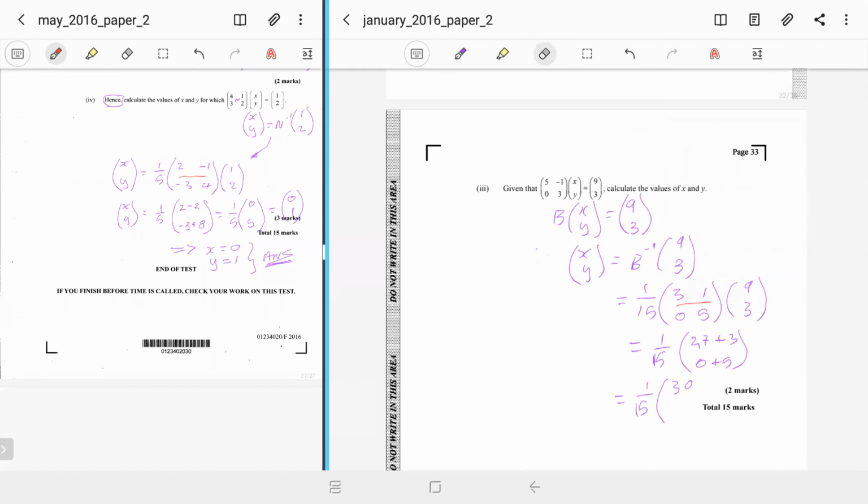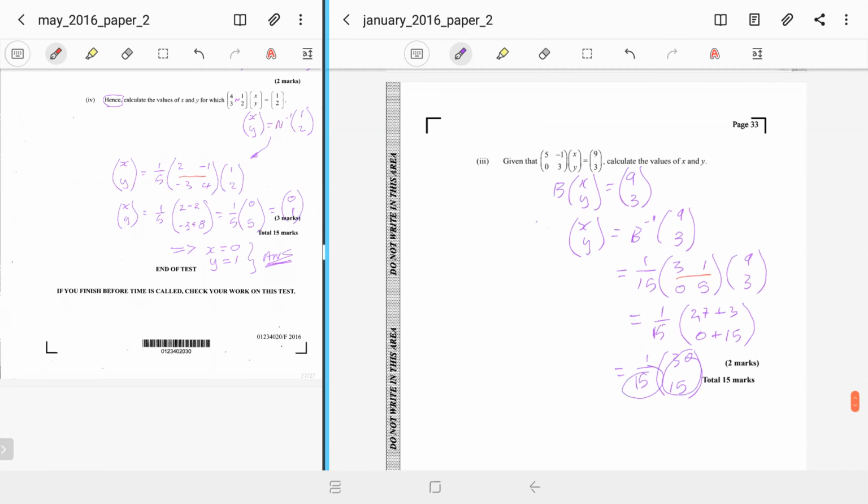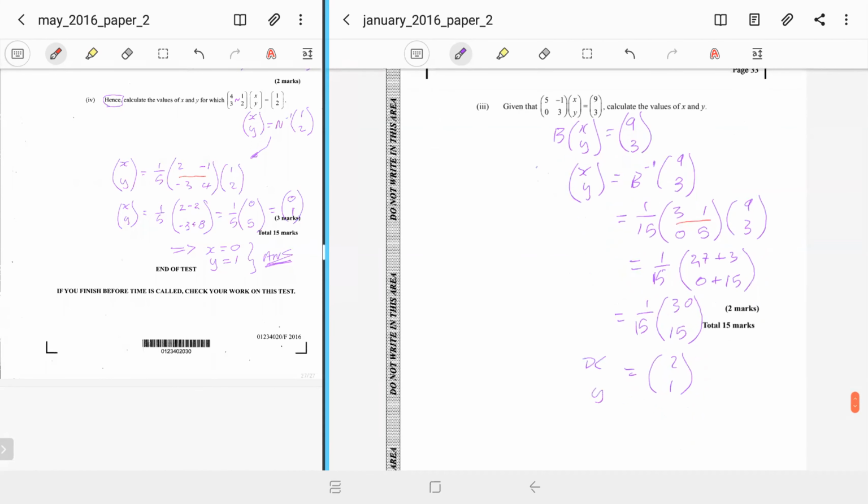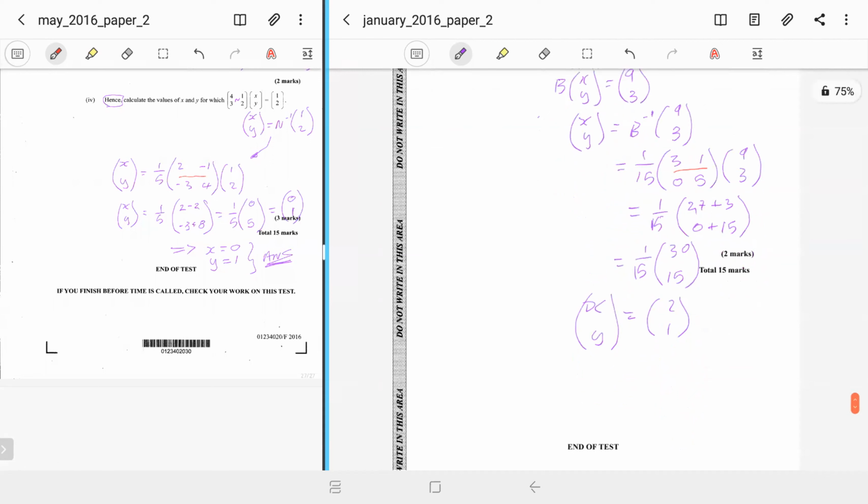So you get values that can be easily divided by 15. That's what normally happens. So it basically becomes 2, 1. And once you get this, XY equals 2, 1. You can therefore say x equals 2, y equals 1. And that is your answer right there.